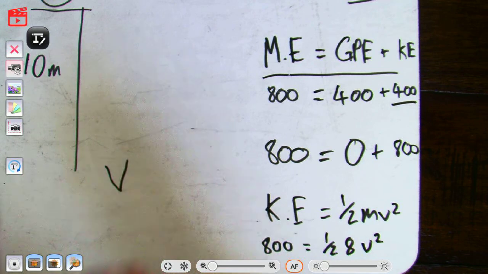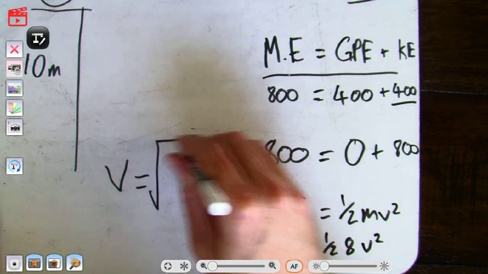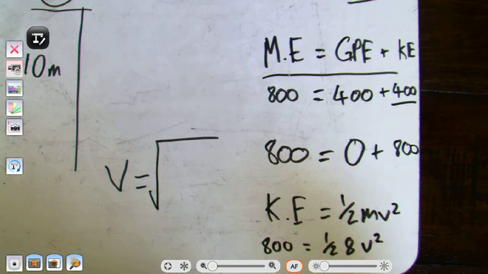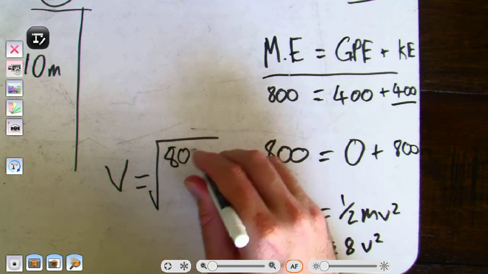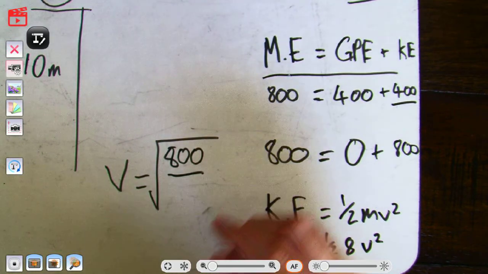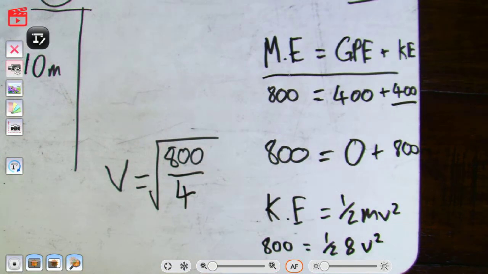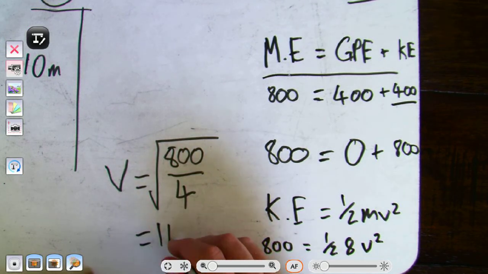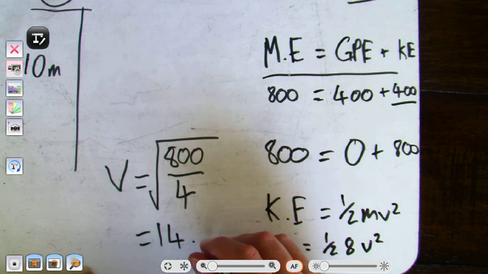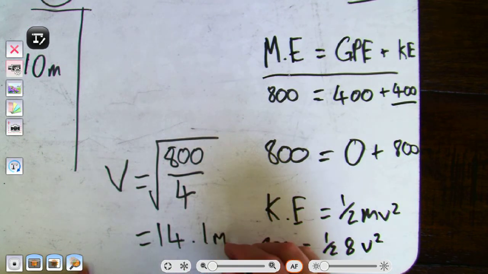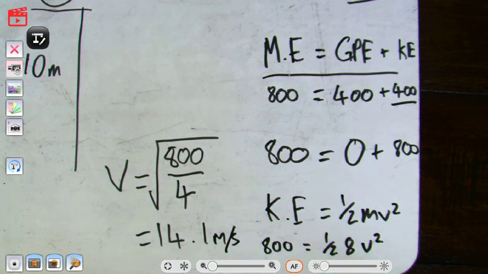V would equal the square root of 800 over 4. So the square root of 200 then gives me 14.1 meters per second, the speed just before it hits the ground.